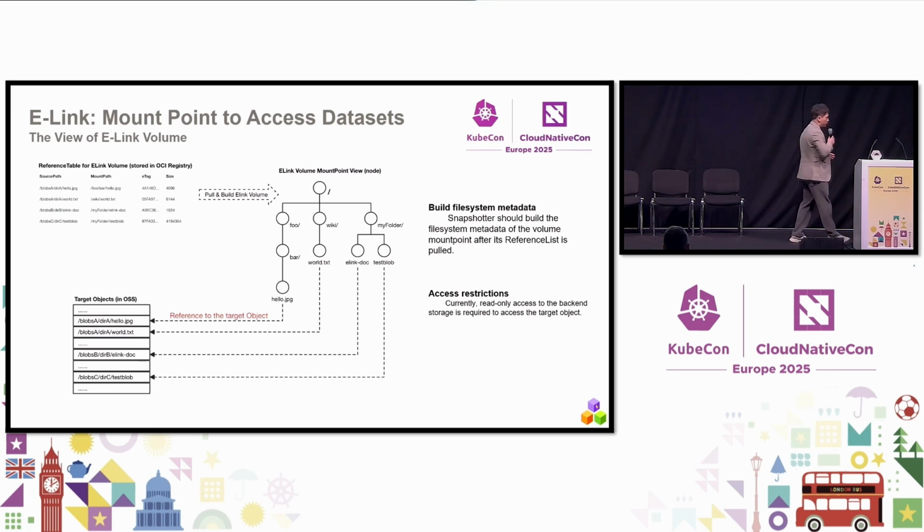The snapshotter should create a file entry at the relative path of the mount point according to the mount path field, and this file entry actually points to its source path. Please note that the access permission is required here because the registry may not have the access permission for all the remote objects. So an additional authorization may be needed.